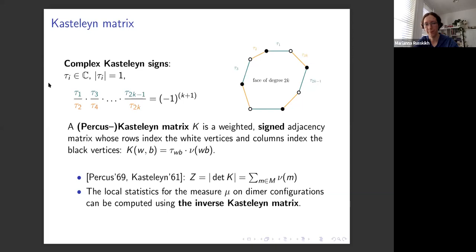And for any choice of Kasteleyn signs which satisfy this Kasteleyn condition, the partition function is given by the absolute value of the determinant. And the important corollary of this theorem is that all local statistics for the dimer measure can be computed using the inverse Kasteleyn matrix.